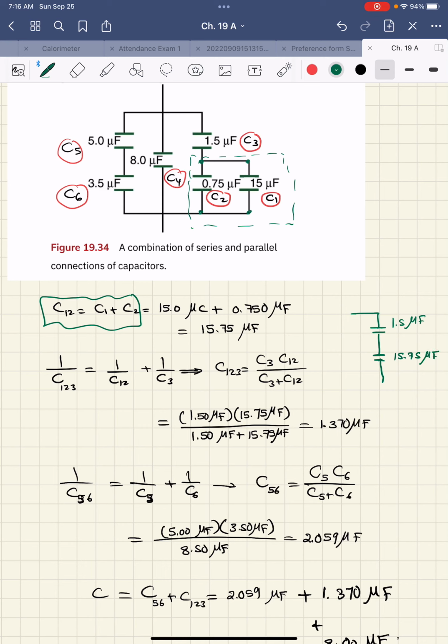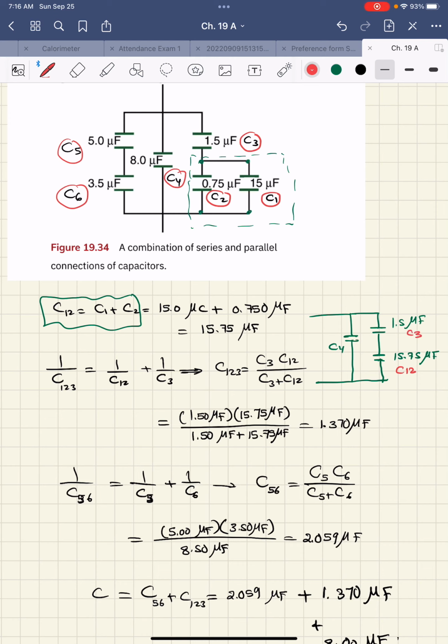Let me draw this for you. And here, I'm going to have that second one, which is C4 here, and then the rest here is the same. Okay, now if you look at this one here, I did call this one C12, and that one is C3.